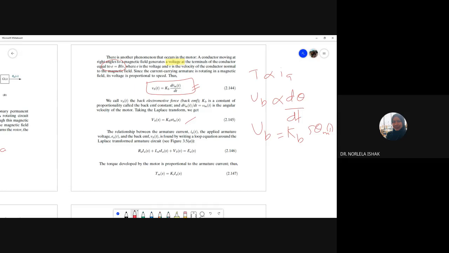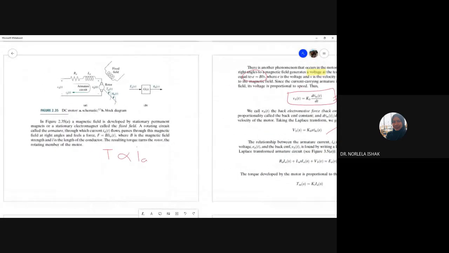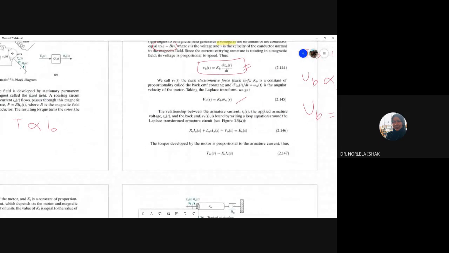So what can we derive from this circuit? This is a one-loop RLC circuit, so we can derive this one from the armature circuit.